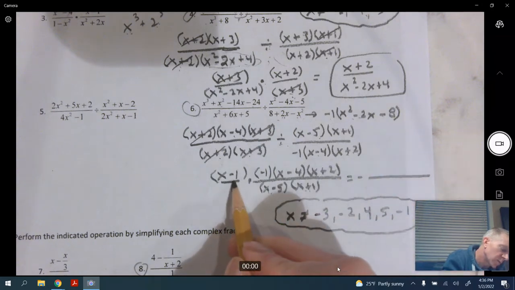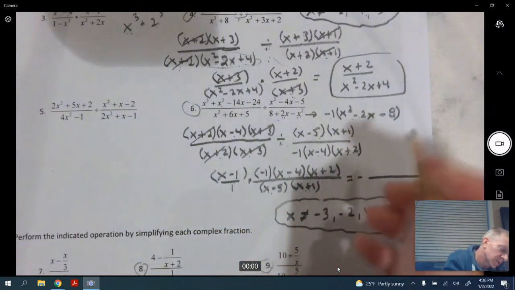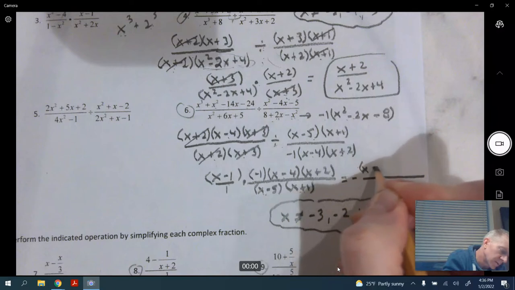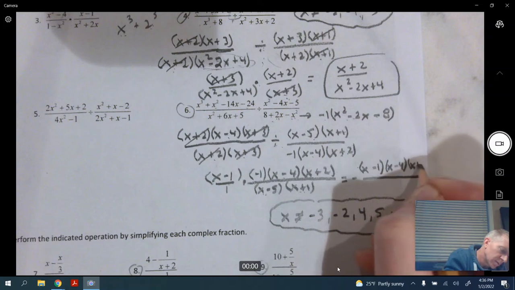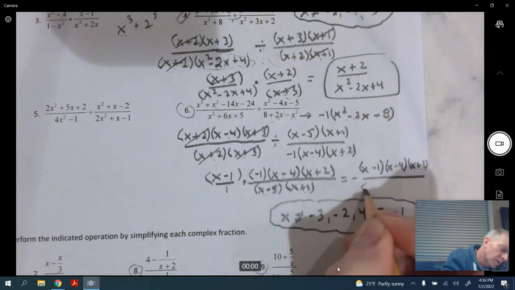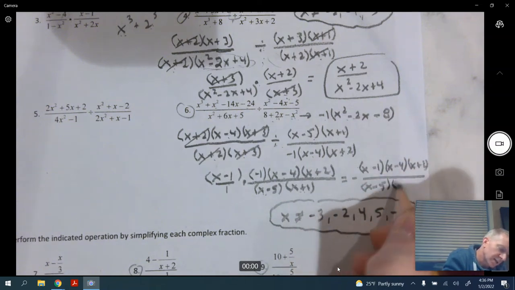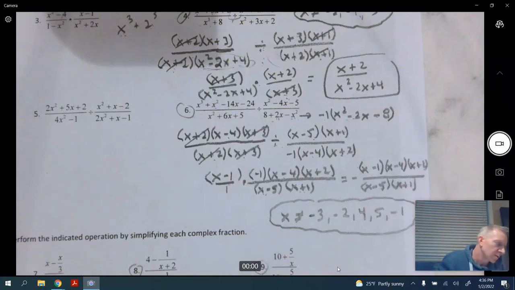And we've got x minus 1, x minus 4, x plus 2, over x minus 5 and x plus 1. Okay, let me just double check. I got something a little different when I did it last time. x plus 2, x minus 4, x plus 3, x plus 2, x plus 3. And then x minus 5, x plus 1, x minus 4, x plus 2.